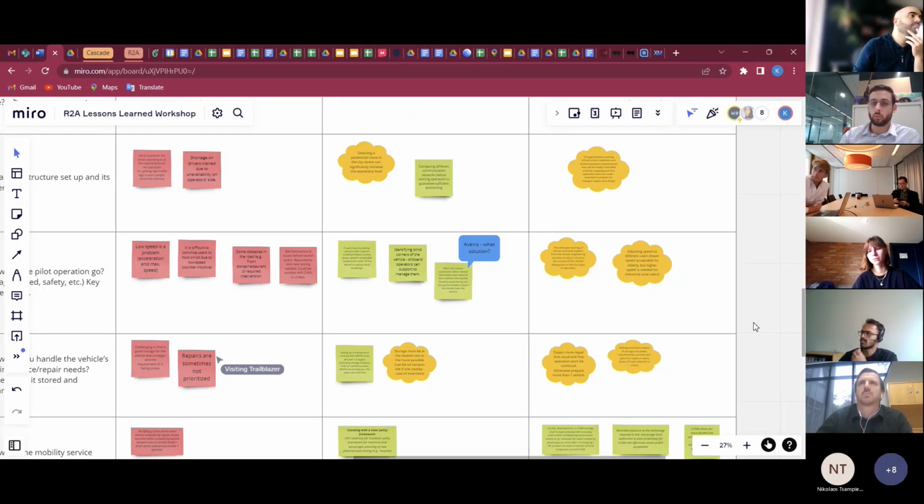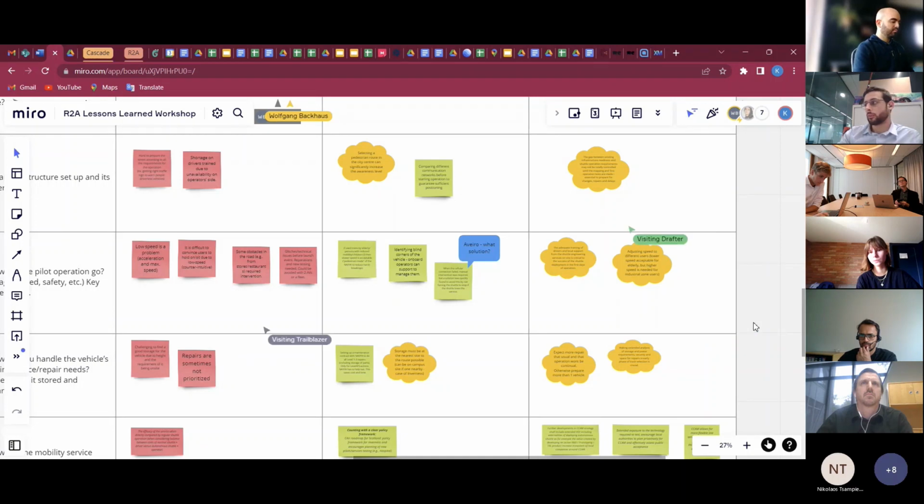Getting the preparation well with the proper steps outlined, and set it on paper such that pilot sites or future pilot sites can use it as a blueprint and say, okay, these are the steps and aspects that I need to look out for before we start doing any work.